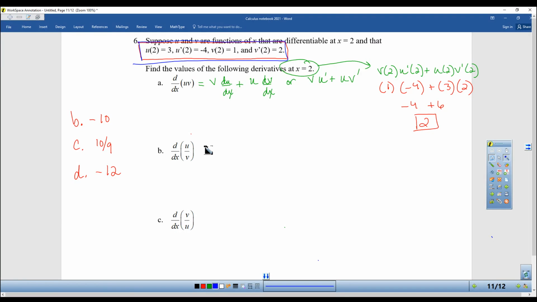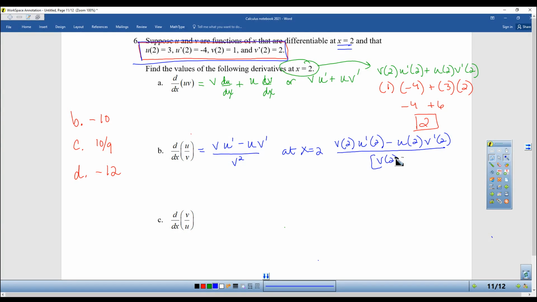So this is the quotient rule. We're going to have the bottom times the derivative of the top minus the top times the derivative of the bottom, all over the bottom squared. Now, they actually want to know it at x equal to 2. So I can rewrite that as v of 2, u prime of 2, minus u of 2, v prime of 2, all over v of 2 squared.